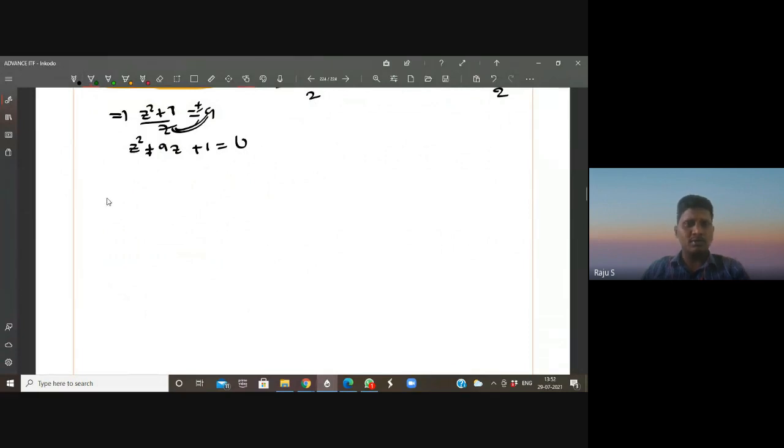Right, the next concept is argument. In NCERT we studied just argument. The theta is called the argument, or else another name is amplitude. The amplitude of a complex number can be denoted by theta.